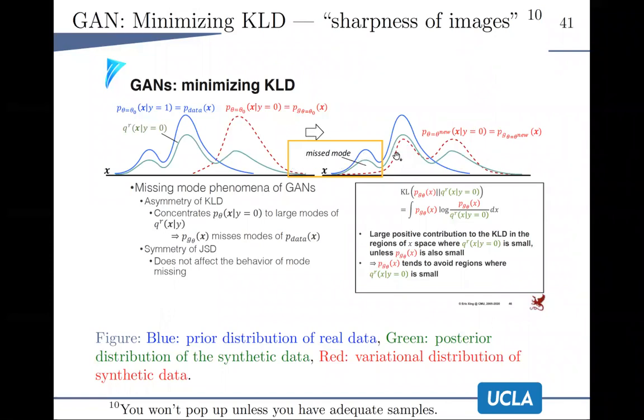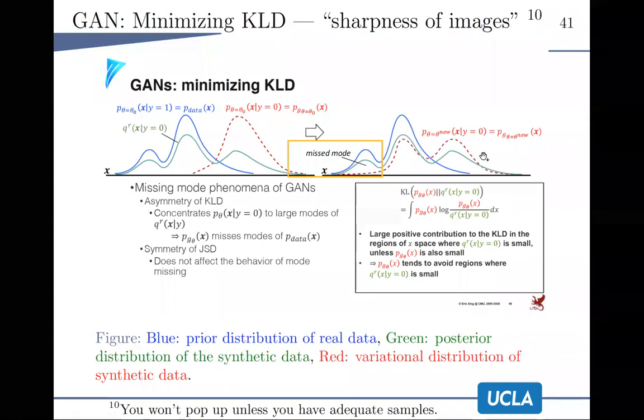We try to use the red one to approach the green one, but finally what we end up with is that we're missing some of those features that are not that popped up. We are only capturing some of the very obvious features.